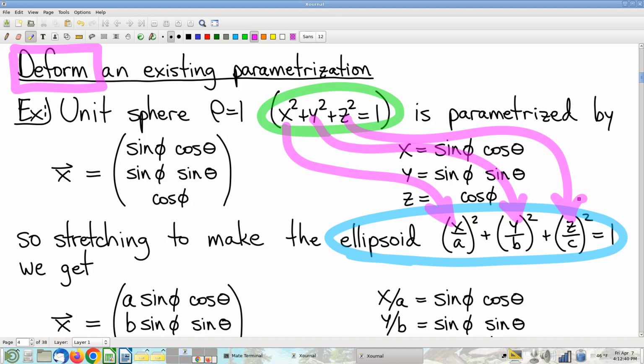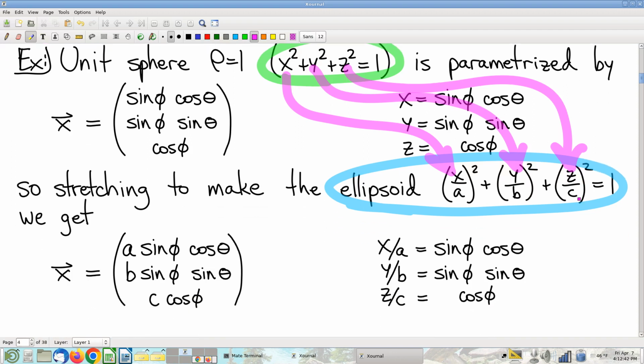Now, how are we going to do that? I'm just going to follow exactly what it says here. I need to stretch out in the X direction by a factor of A. I need to magnify in the X direction by a factor of A. I need all of my X coordinates A times as big. And how do I make the X coordinates A times as big? Well, I'm going to take my old X coordinates and I'm going to multiply them by A. That makes it A times as big.